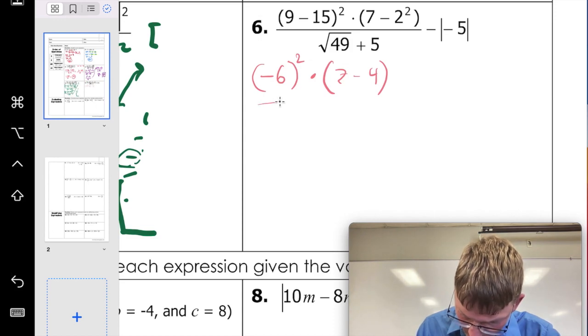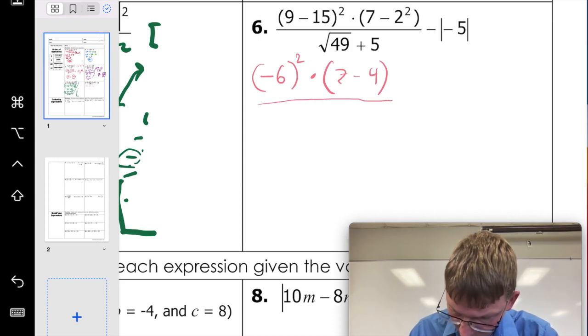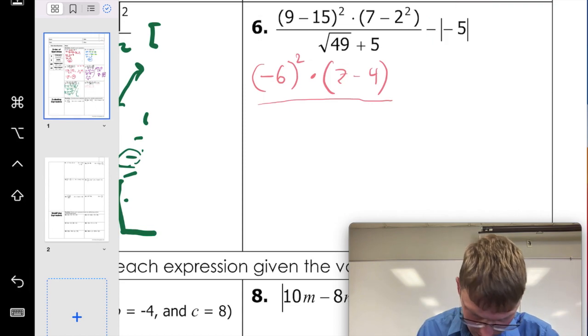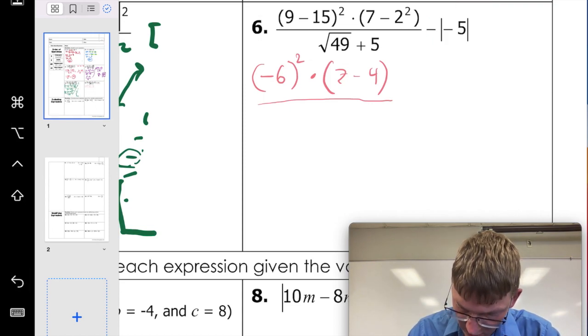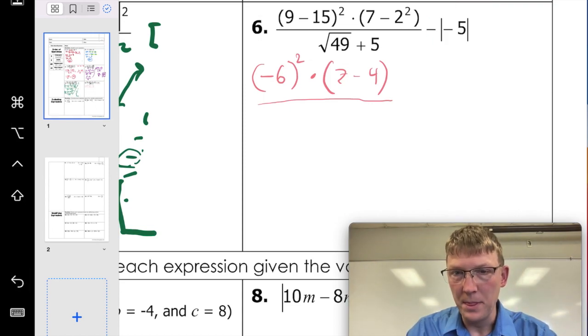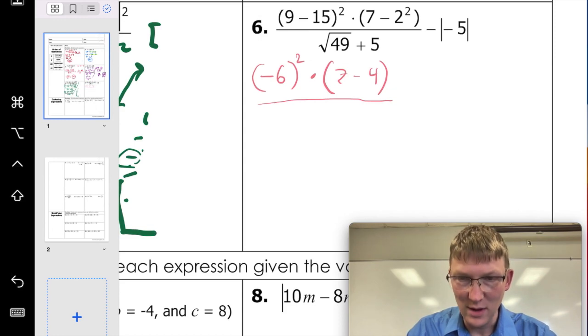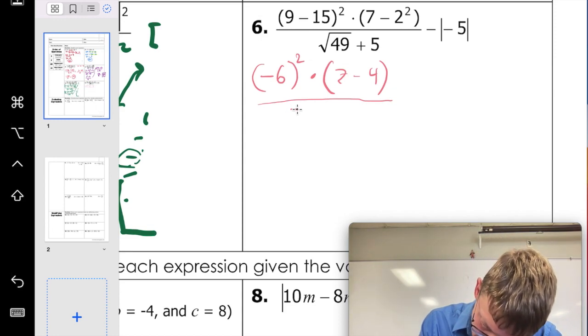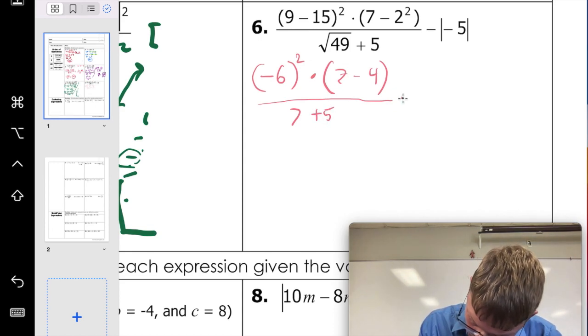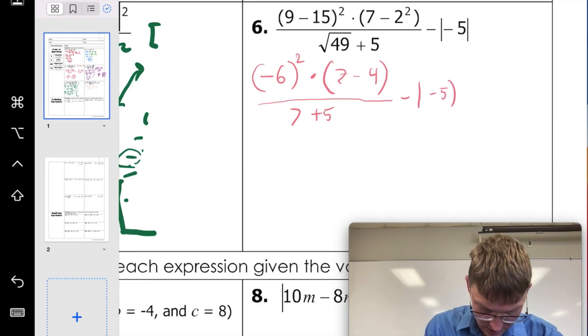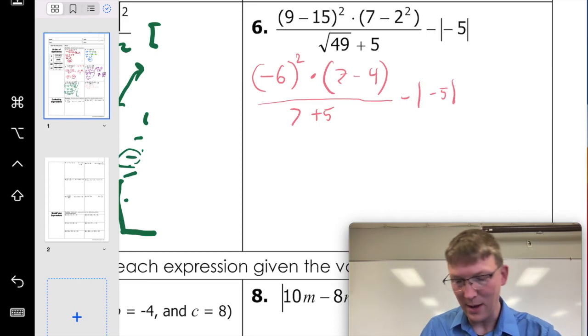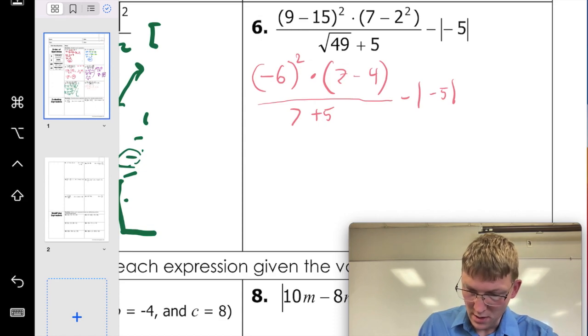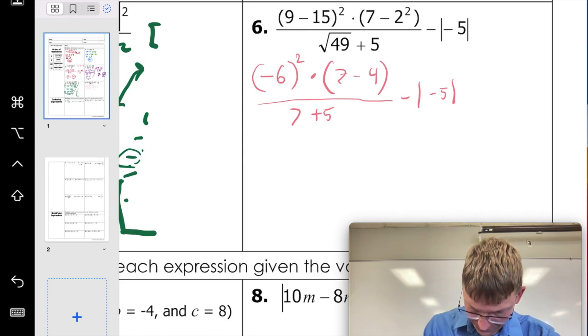So we're going to do everything in this fraction first before we come out here and deal with that guy. So square root of 49, what is that? 7 times 7 is 49. So we got 7 plus 5. And I'm going to try really hard not to drop anything out of this equation. Okay, so let's keep going.